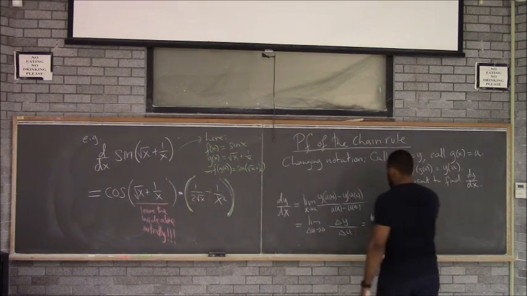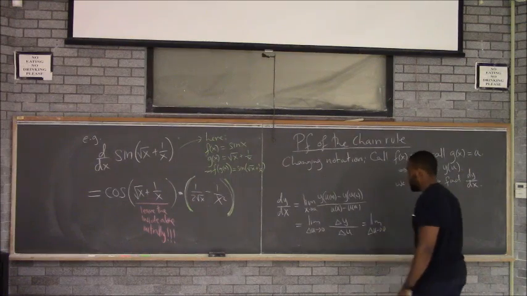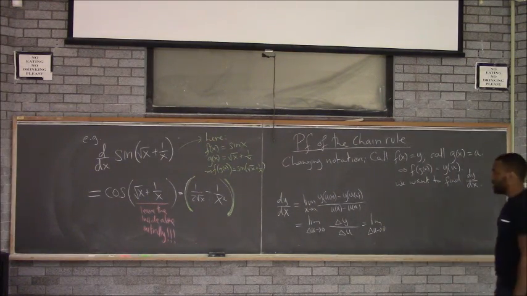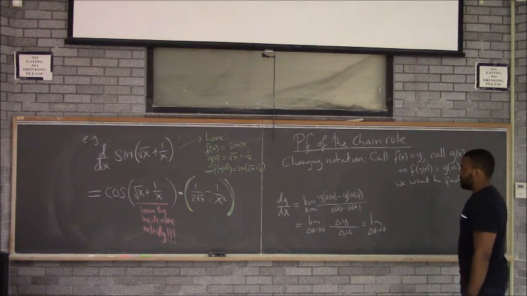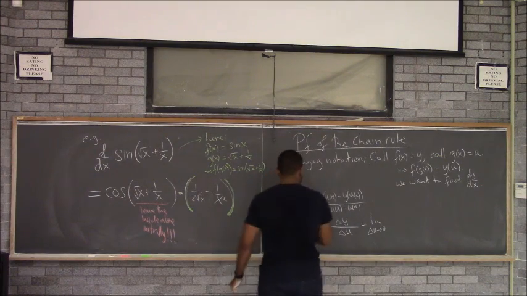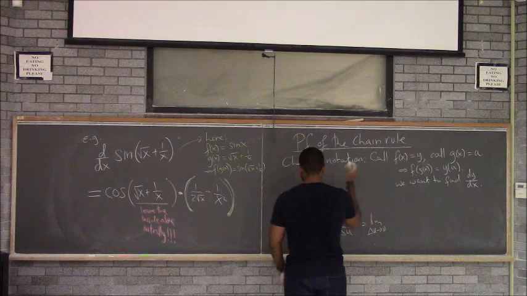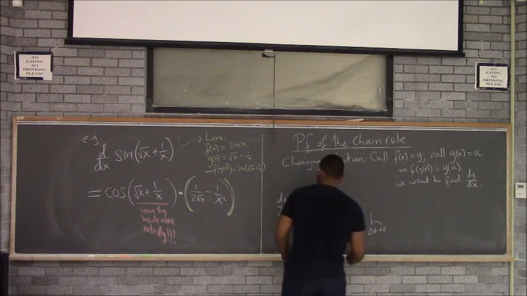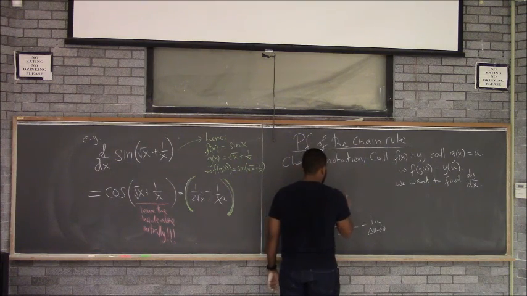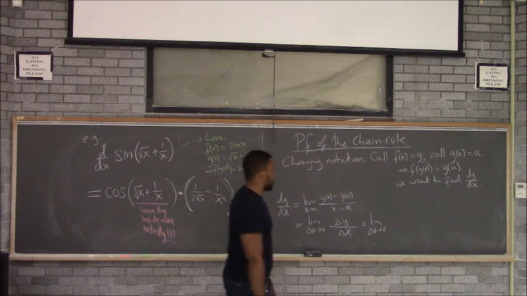What I can do now is do that age-old, time-tested trick. I'm going to multiply and divide by something convenient. Sorry, dy dx, that was fine. I was looking here at dy du. We're going to need that eventually. We're doing dy dx. That's just the change in y over the change in x, which is this.